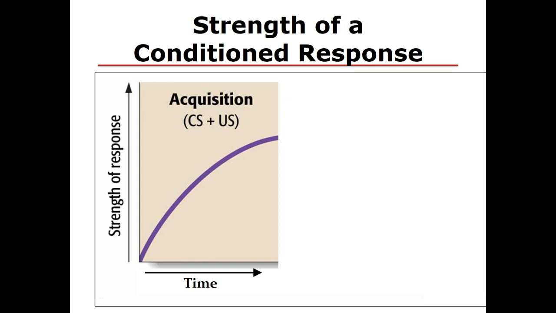This figure is illustrating that the strength of the conditioned response will increase over time with continued pairings, until reaching a peak or maximum level. For example, the tone will produce a small amount of drooling from Pavlov's dogs at first, but with continued pairing with the food, the tone all by itself will elicit greater amounts of salivation.